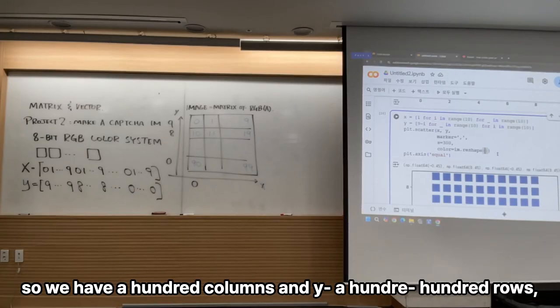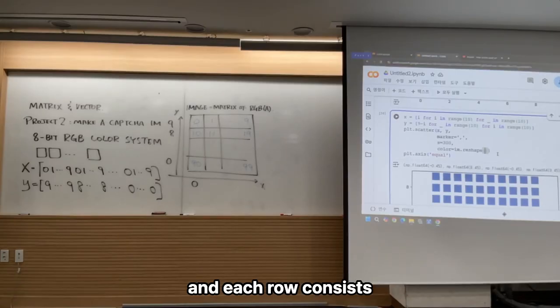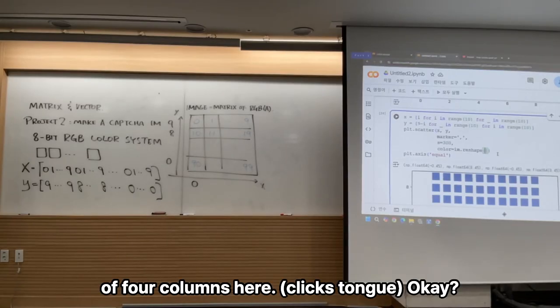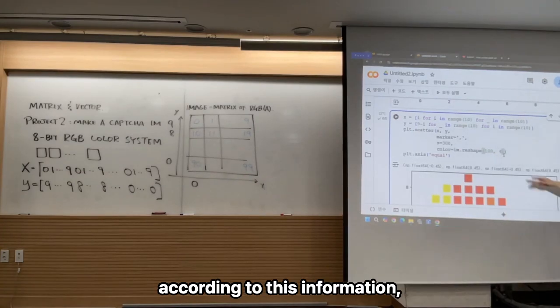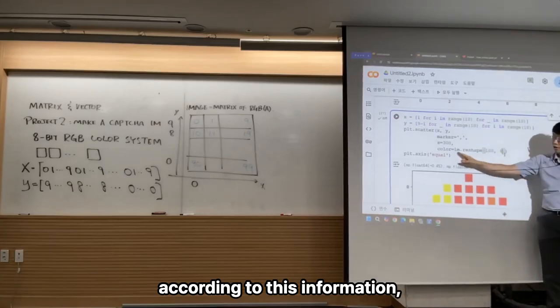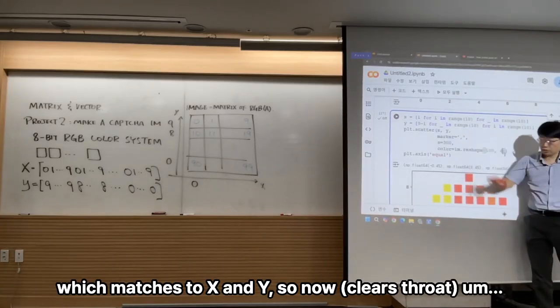So we have 100 rows, and each row consists of 4 columns here. Then the scatter gives the coloring according to this information, which matches to X and Y.